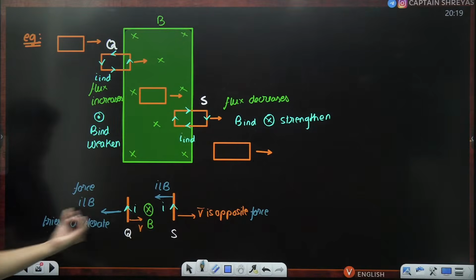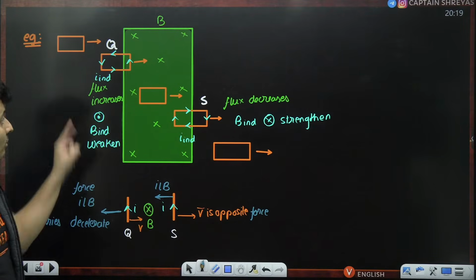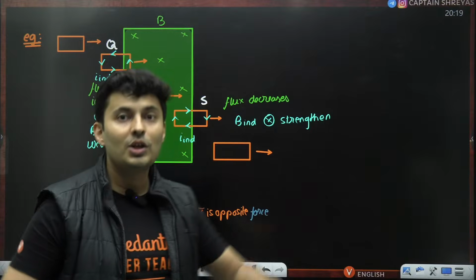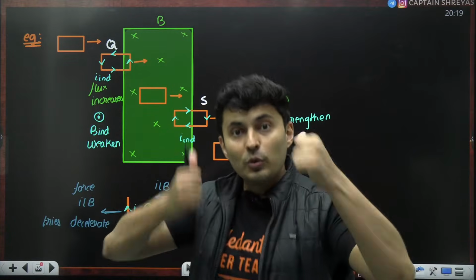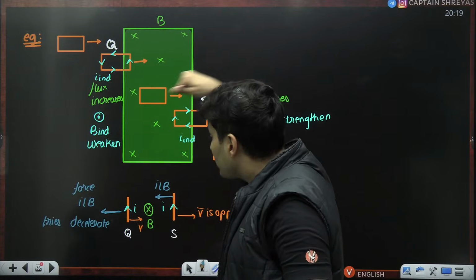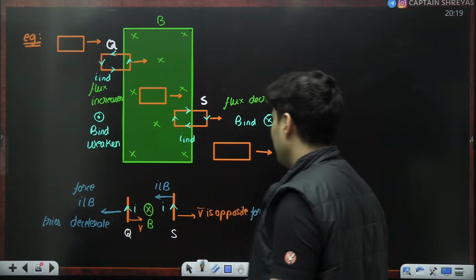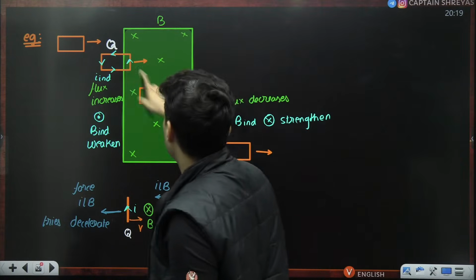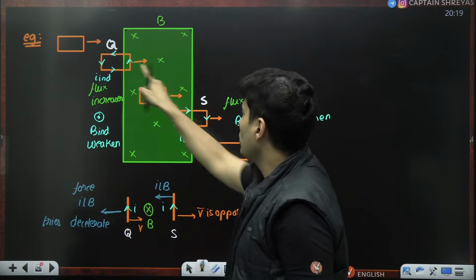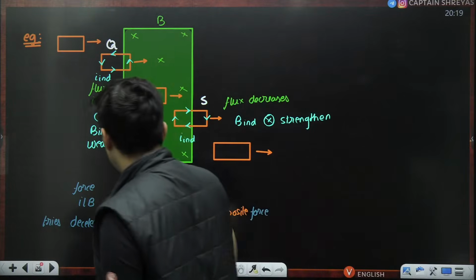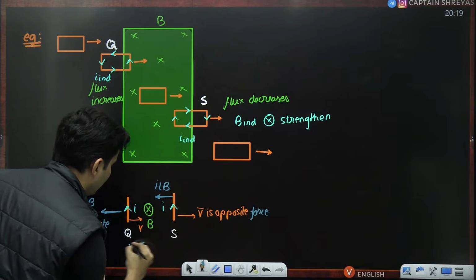So it is trying to decelerate it, but you can't let it decelerate. So what you will do is you will apply another external force to pull it inside. So hence at Q and S, you will have to apply an external force.